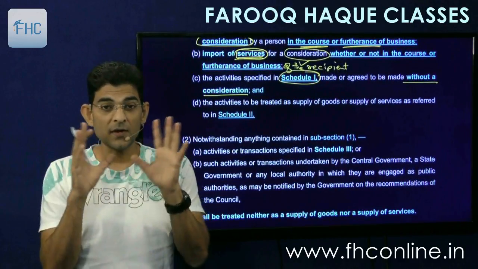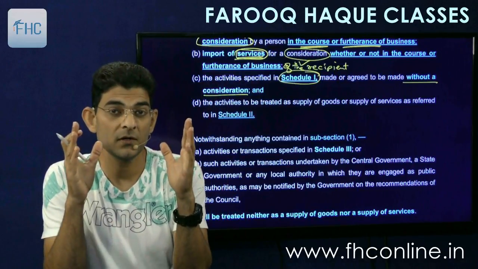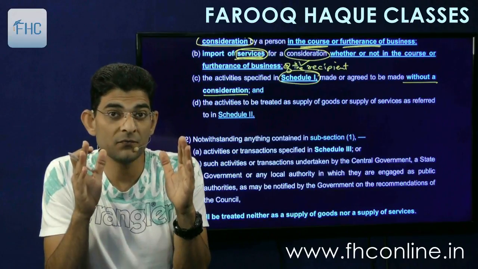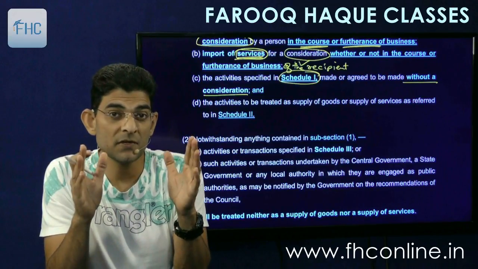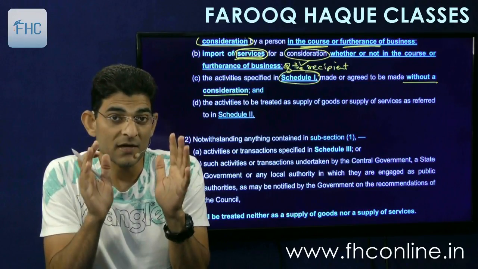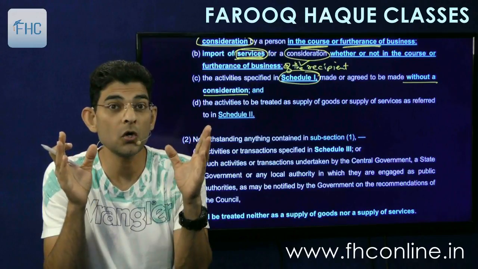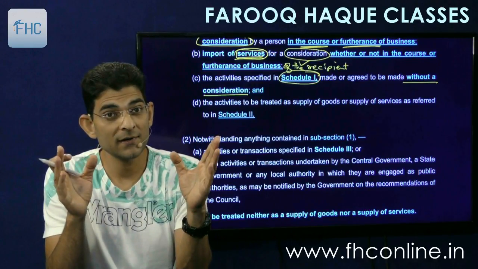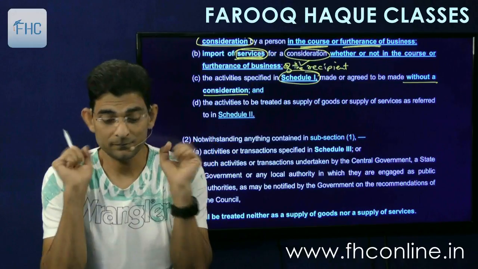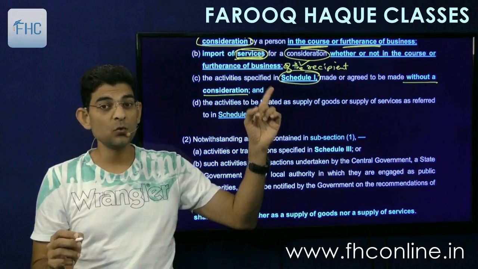Okay, so there are few. Now Schedule 1 gives a list of transactions. Those are exhaustive transactions. It is an exhaustive list. Only in these few cases a transaction without consideration can also be called as supply. Okay, not for every transaction without consideration, only for the limited transactions which are given in Schedule 1.